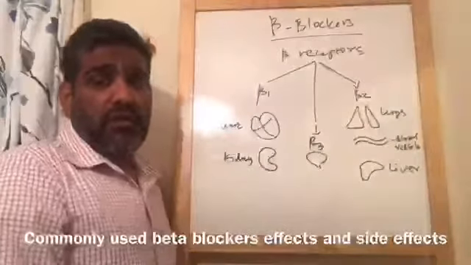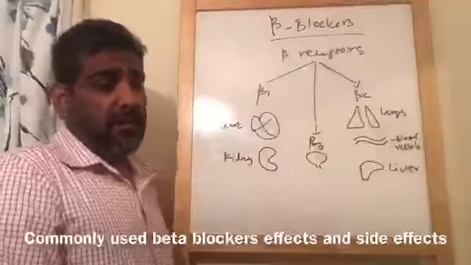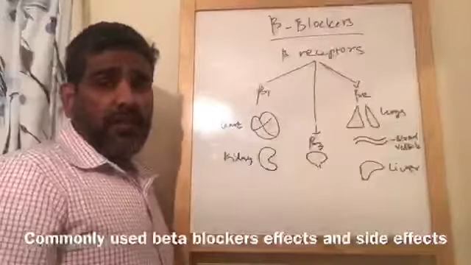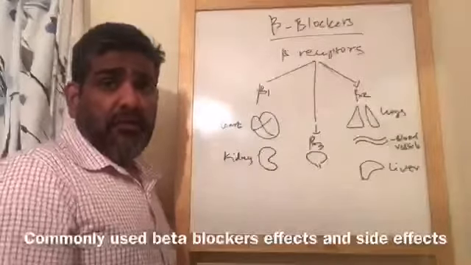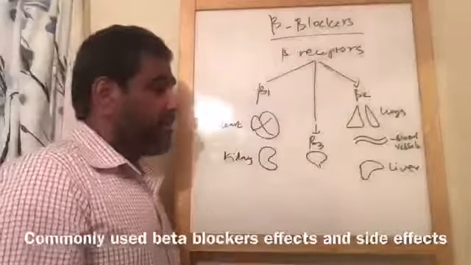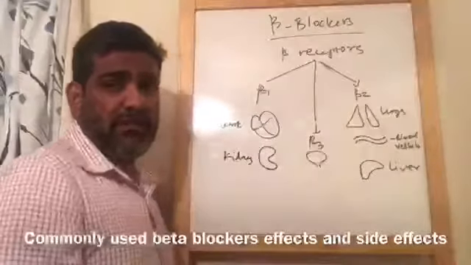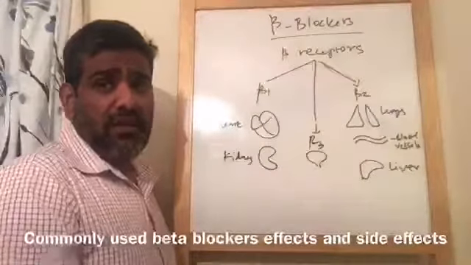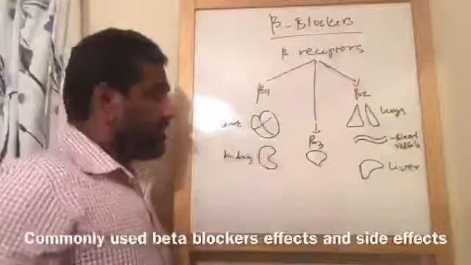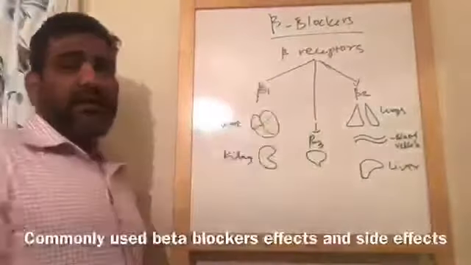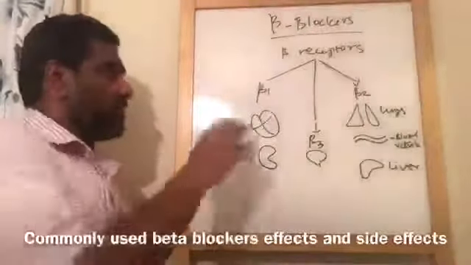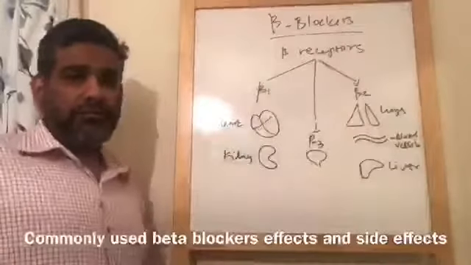We use beta 3 agonist medicines against some kinds of urge incontinence, so only on very rare occasions will you see questions regarding this. Our main focus is beta 1 and beta 2.